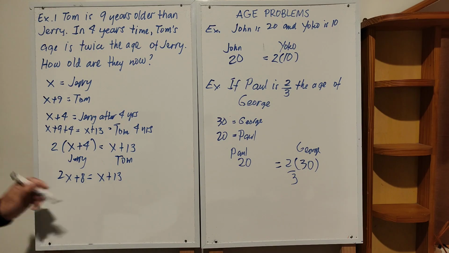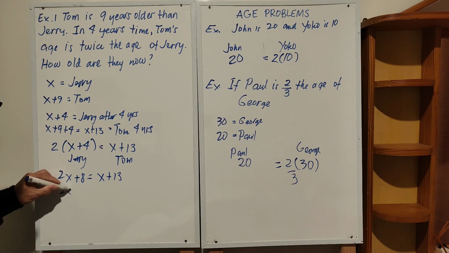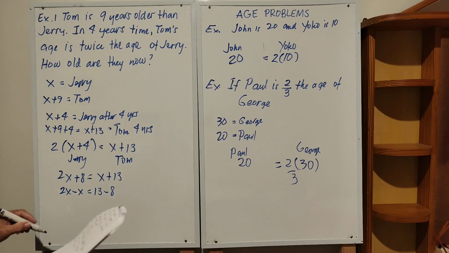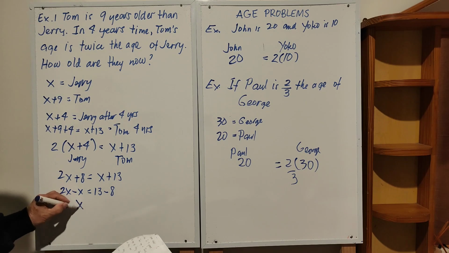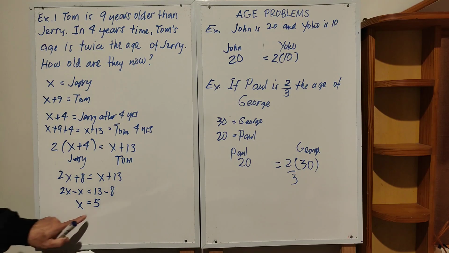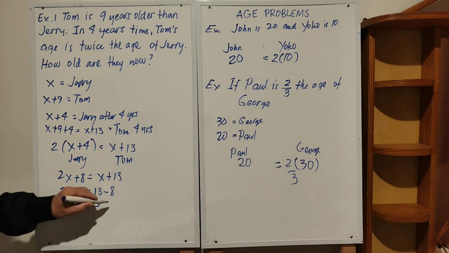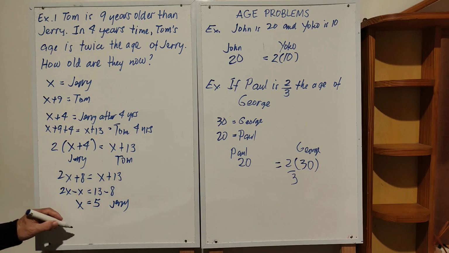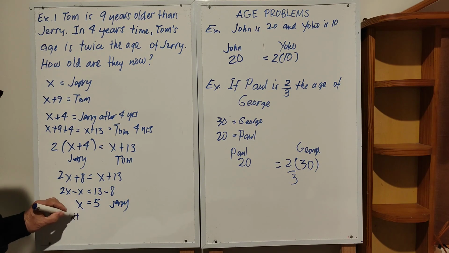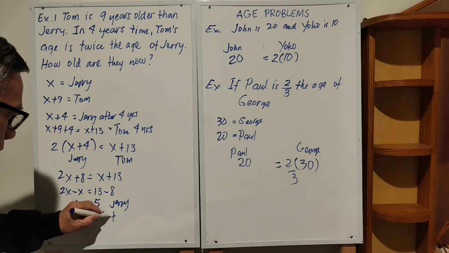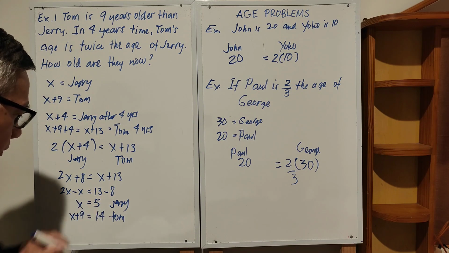Combining x on the left, I'll just use a shortcut: 2x minus x, 13 minus 8. x is equal to 5. So 5 is Jerry, and x plus 9 is 14, this is Tom.